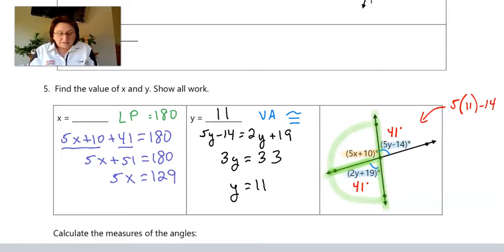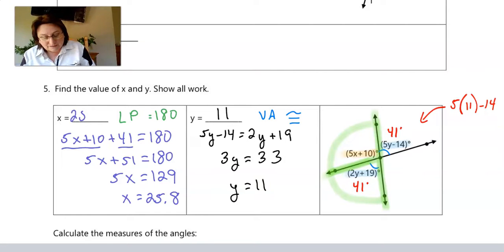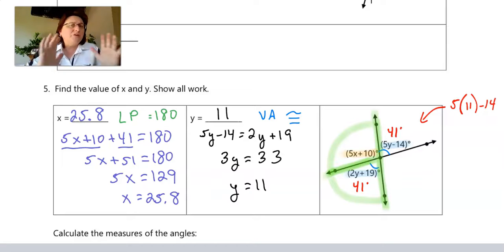Once we divide through, you're going to get 25.8. Yes, your answer can be a decimal. So x is 25.8. Not all of your answers are going to be whole numbers. Expect that some of your answers will have decimals in them.